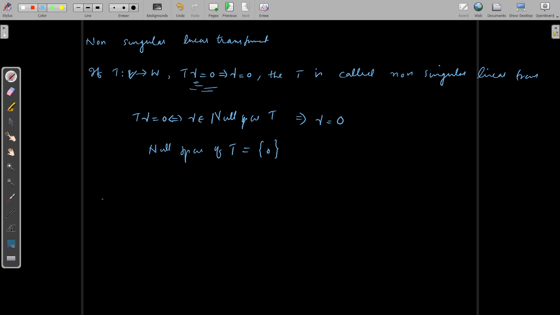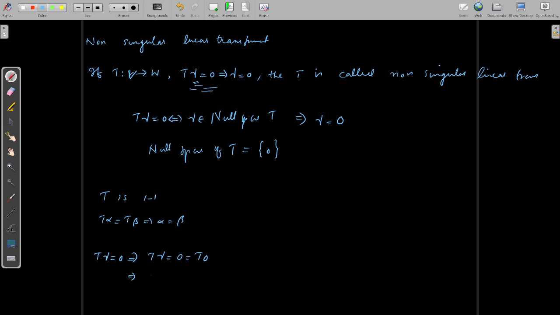That means if we assume T is 1-1, we have whenever T alpha is equal to T beta implies alpha equal to beta. Using this condition, you can prove that T gamma equal to 0 implies gamma is equal to 0, because T gamma equal to 0 equals T of 0, since for any linear transformation T of 0 equals 0.